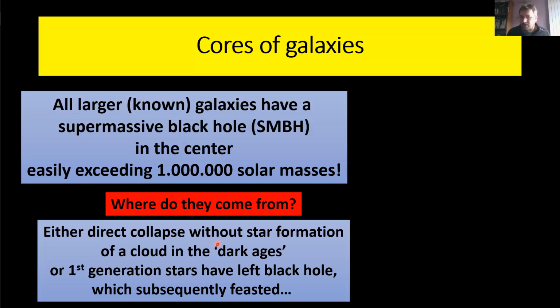Then leave behind the black hole, and this starts feasting. And there's of course loads of material around, so it quickly feasts and grows. But there seems to be this limit on how much a black hole can eat at a given time. Therefore, the growth rate is of course then limited.